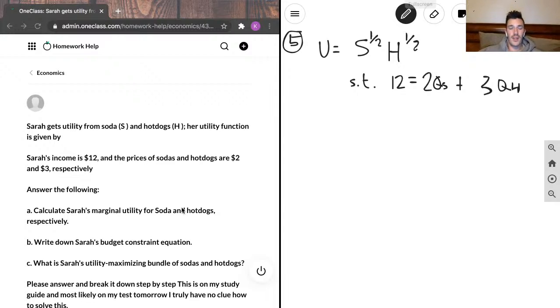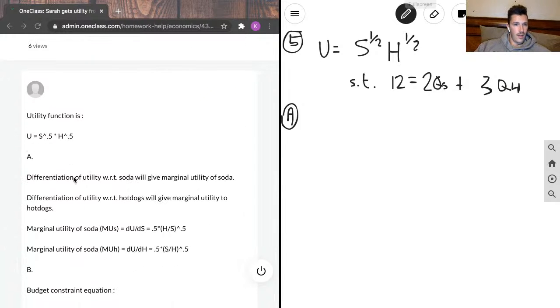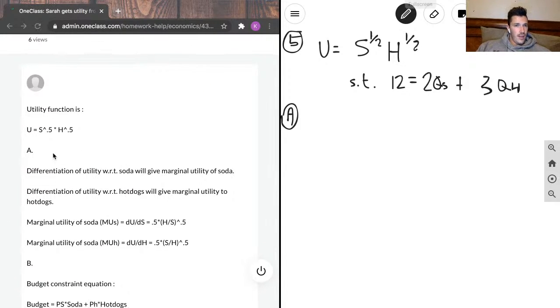So part A is calculate Sarah's marginal utility for soda and hot dogs respectively. We're going to have to partially derive, if I remember correctly. Let's see if Janine The Tutor has done it the same. Yes, they have. Okay. So to get the marginal utility, you're going to partially derive the utility with respect to whatever it is you're trying to get the marginal utility of.